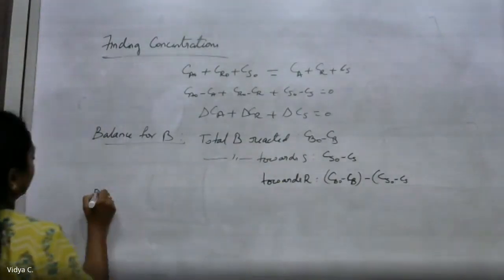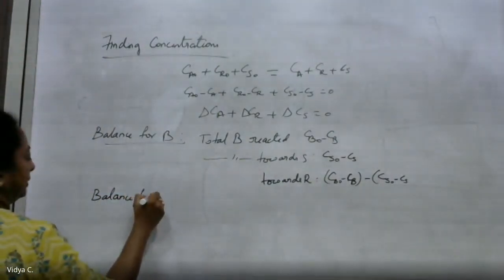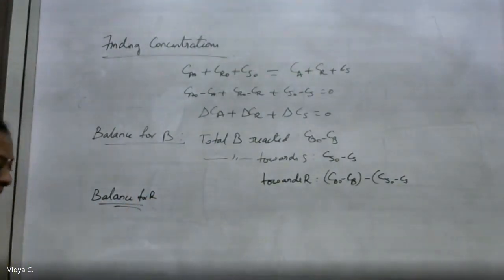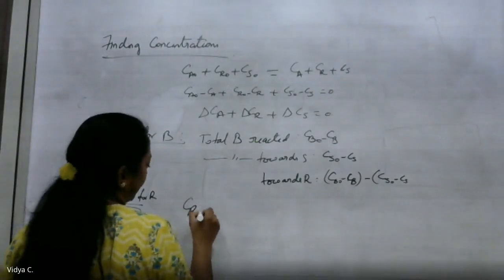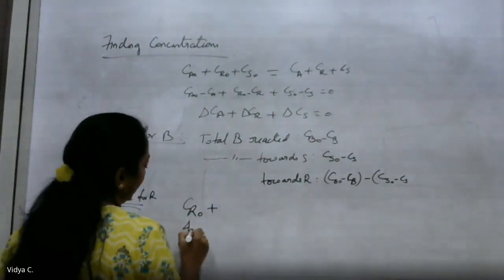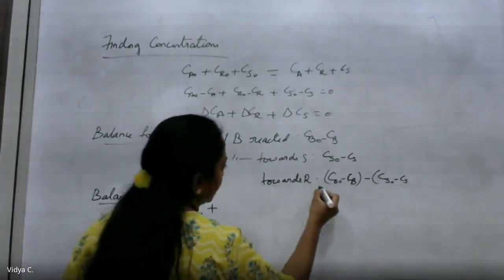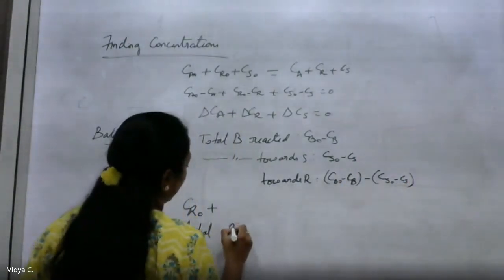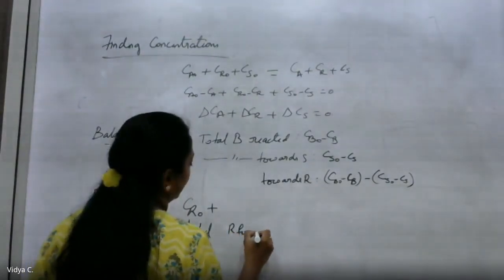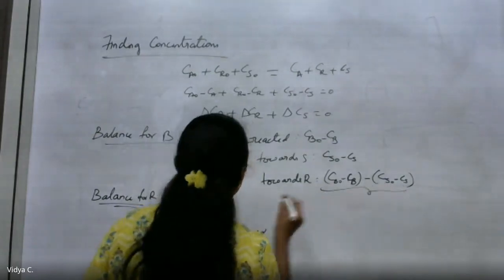Okay. So now balance for R. So I'll write the equation. CR naught is the initial, plus, see, if so much is reacted towards R, then this much of R is formed. Plus R formed. We contribute so much towards R, which means this much of R has to be formed.